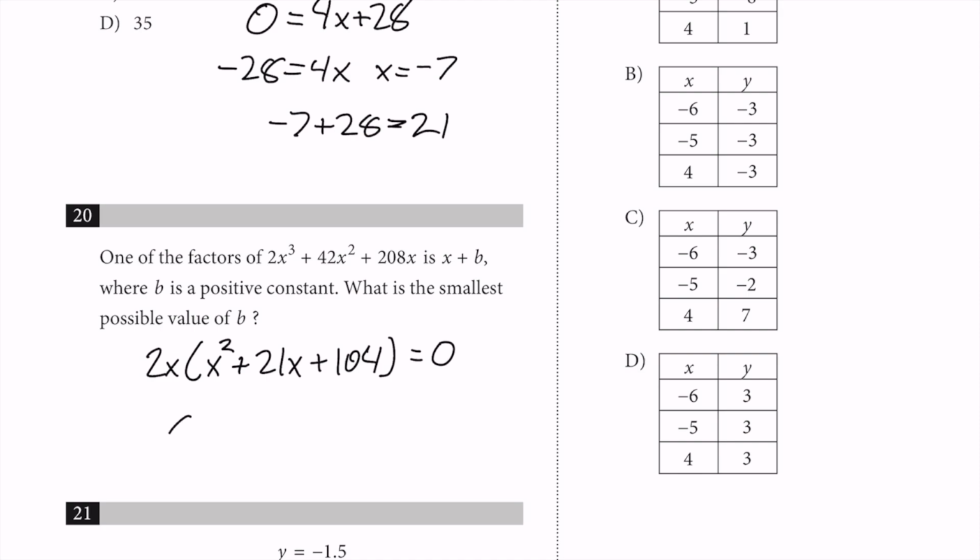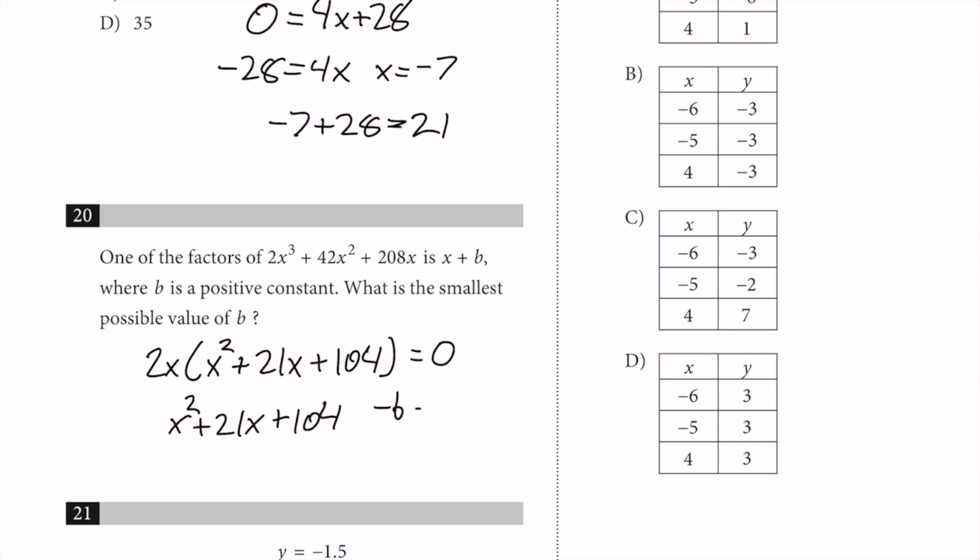So we're looking at x squared plus 21x plus 104. Now we're looking for two numbers which multiply to 104 and add to 21. And because I can't think of any of those numbers right now, we're going to use the quadratic formula.